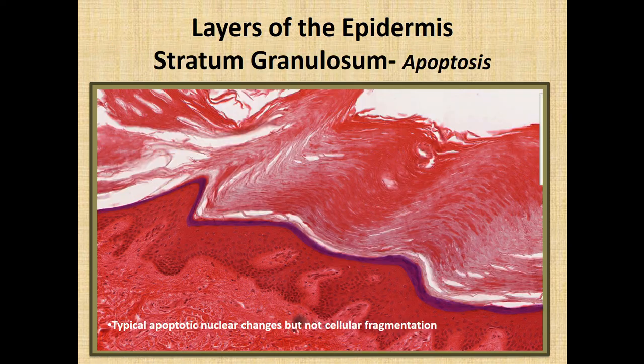If I move back to the previous slide where I've highlighted that line, I want to point out why this is the last layer that has nuclei and looks cellular.